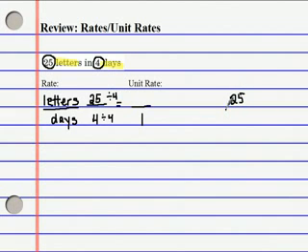So I'm going to say, okay, 25 divided by 4. I know that 4 goes into 25 6 full times with just 1 left over. So that gives me 6 1/4, or 6 25/100.